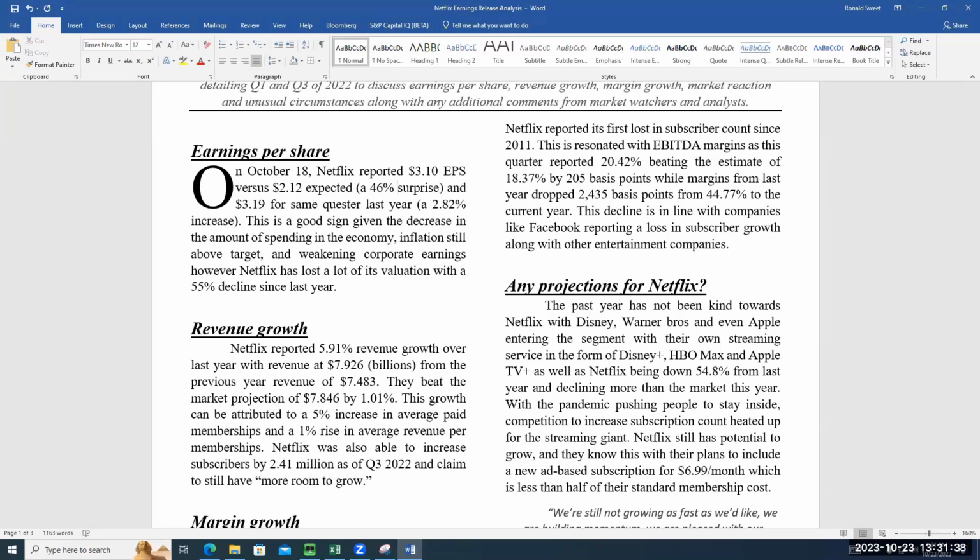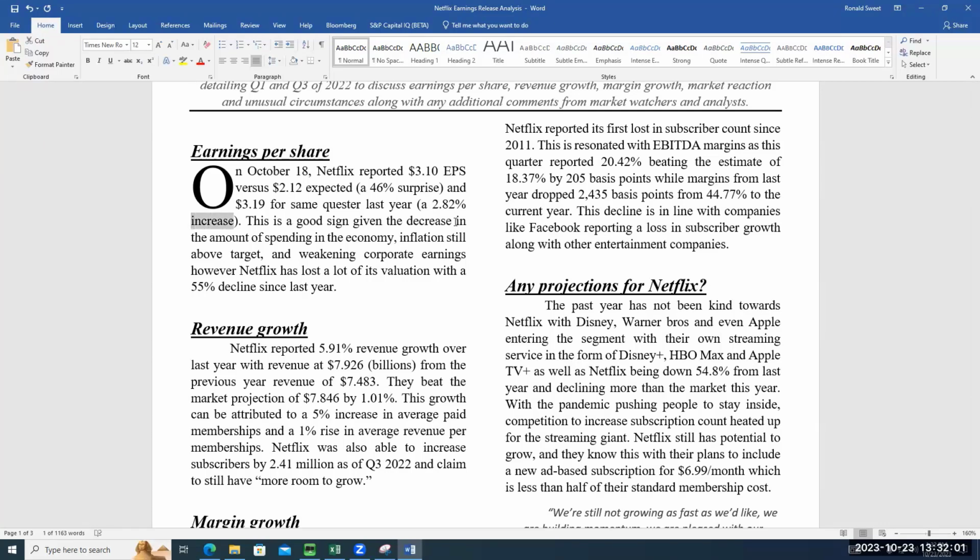Surprise is usually positive, so you might say a 46% surprise, or they beat by 46%. If they missed by 10%, you would say they missed by 10%. You would not say a negative 10% surprise. Surprise is always positive.